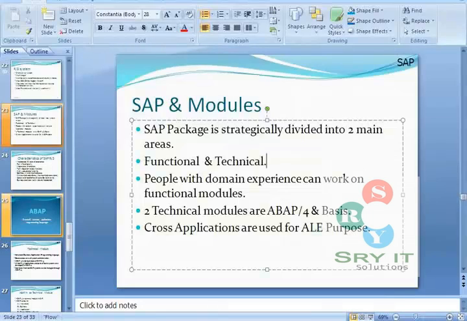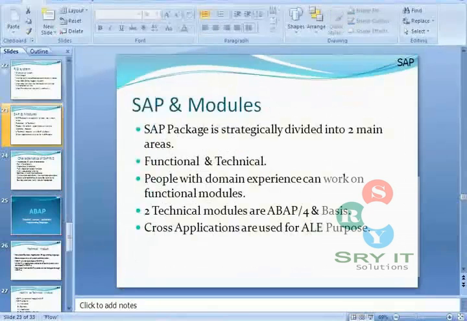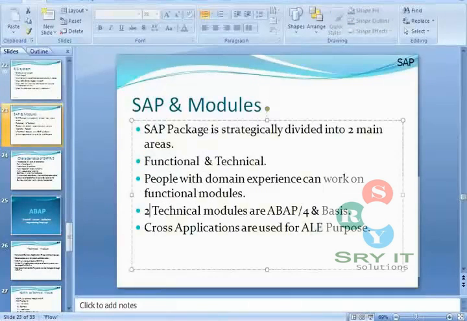People with domain knowledge and experience can work in the functional modules. We need to update this point actually. There are 5 technical modules now, and cross applications are used for ALE purposes: Application Linking and Enabling, non-SAP to SAP, SAP to non-SAP, SAP R3 to SAP R2. These can be managed through cross application basically.